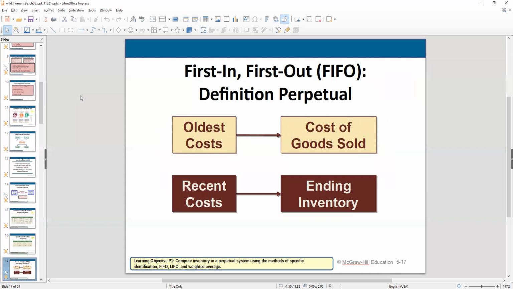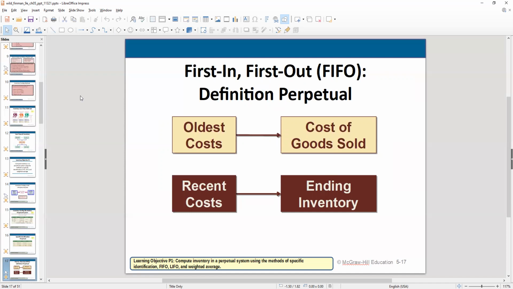Again, first in, first out, we're going to record costs that are oldest in cost of goods sold, and ending inventory is going to get the most recent costs. Now, why does it matter whether you do FIFO, LIFO, or weighted average? Well, we're going to see what the differences are, and we're going to see what the good and the bad is of every method. Again, this is a choice that a company gets to make.